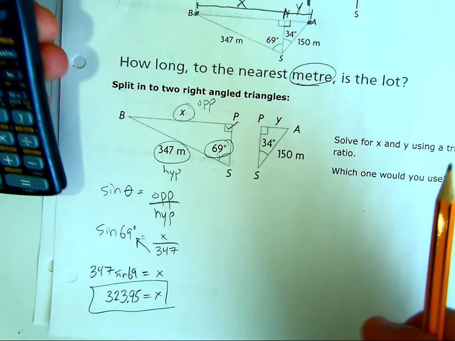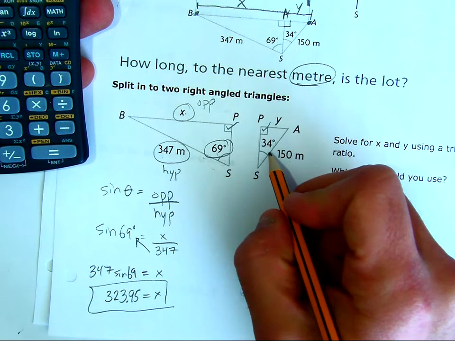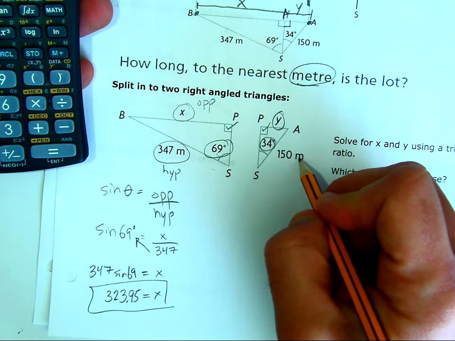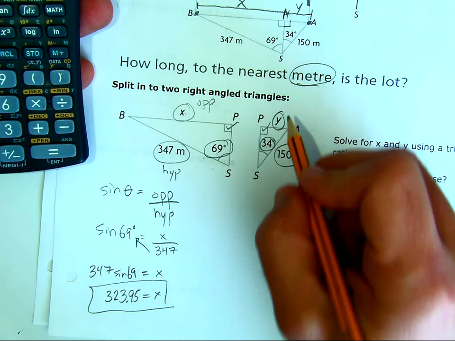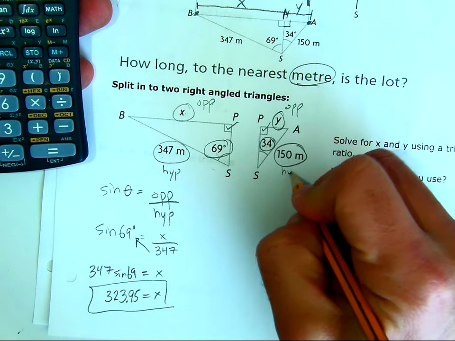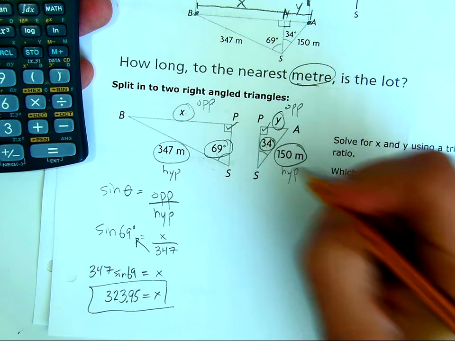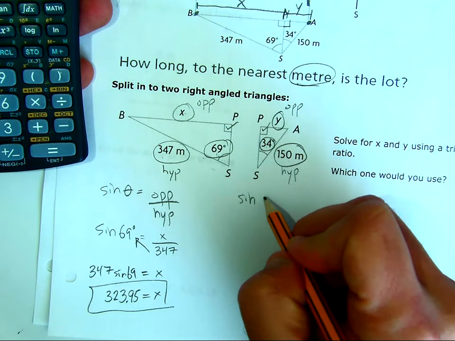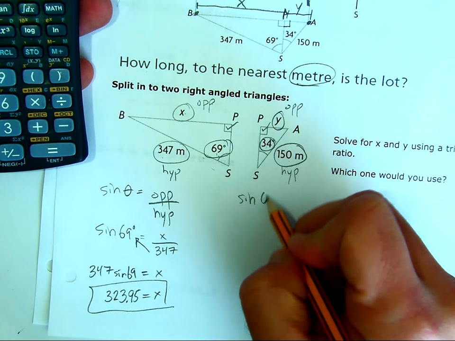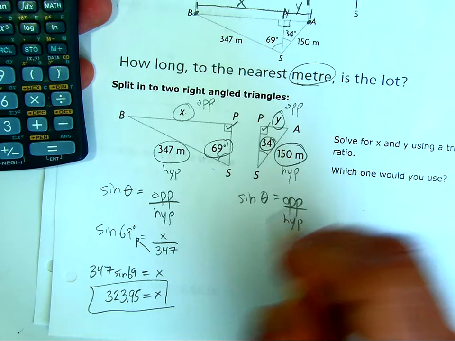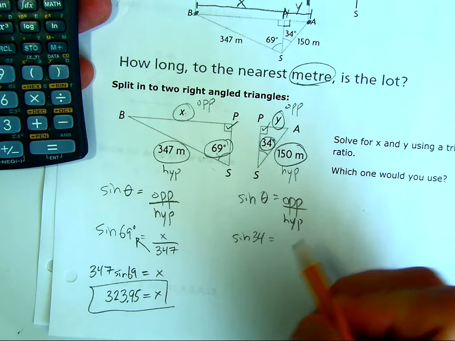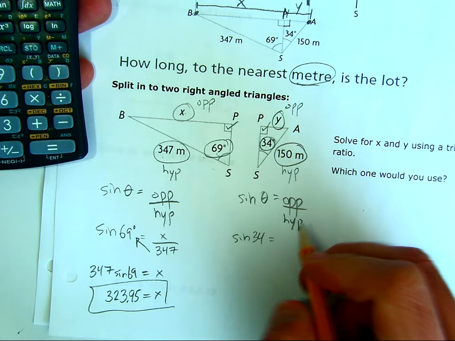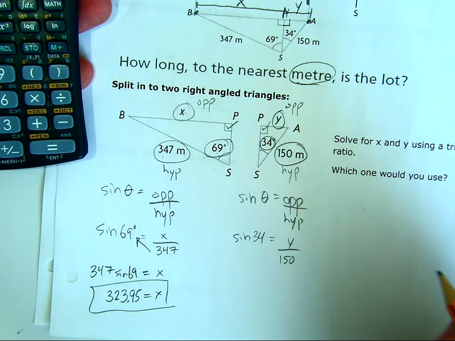On the second triangle, we have a 90-degree angle, which means we can use SOHCAHTOA. We're given this angle, this is the side we want to find, and this is the side we have. According to this angle, this is the opposite side, and this is the hypotenuse of the triangle, across from 90. Again, what relates opposite and hypotenuse is sine. So sine of 34 degrees is opposite, which is y, over hypotenuse, which is 150.